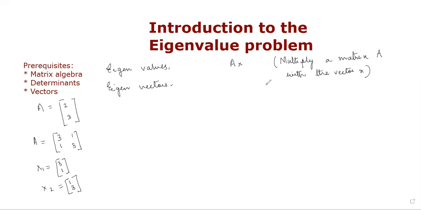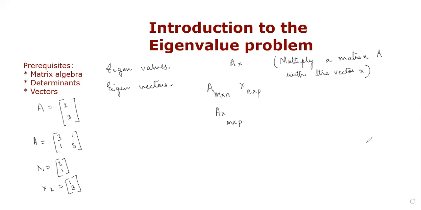You know that this multiplication can only be done if A is m by n and x is n by p, then we will get a result of size m by p. So these are the basics of matrix multiplication.